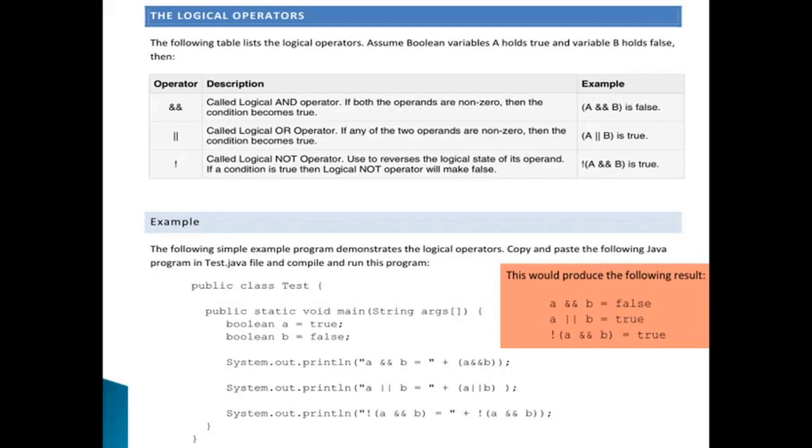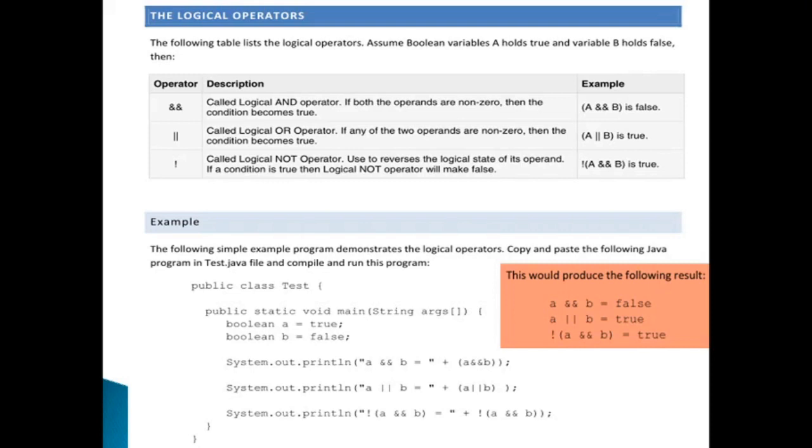We can perform logical AND, logical ORing, and logical NOT, which is the negation of a particular condition. Logical ANDing is performed by the double ampersand, logical ORing by the double pipe, and the NOT operator by the exclamation mark.